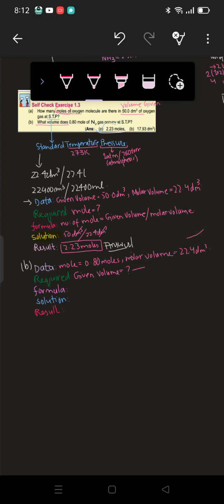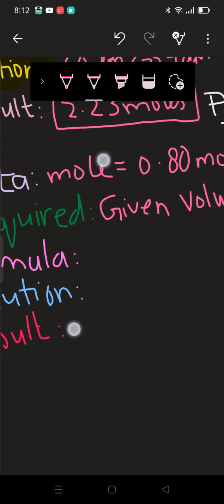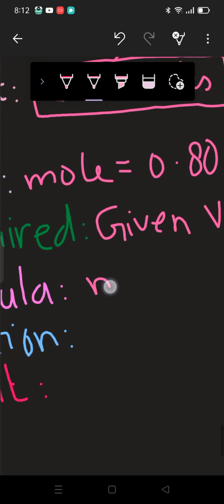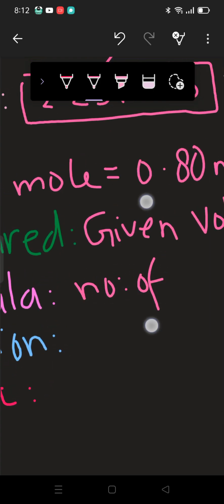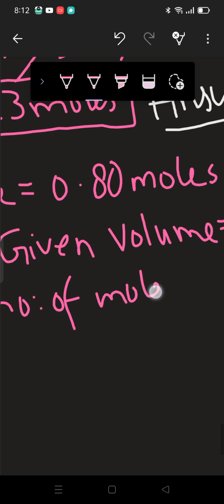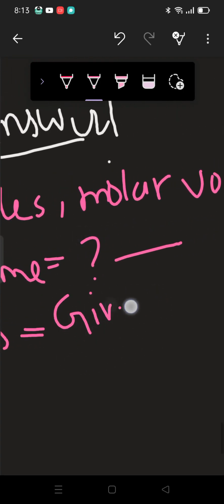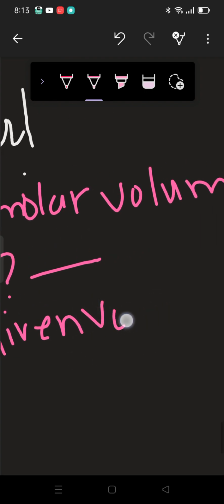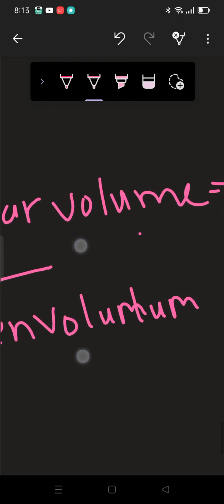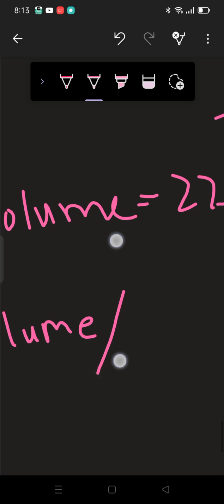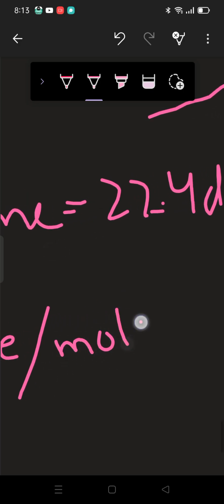So the formula we're going to apply is the third formula, in which number of mole is equal to given volume per molar volume.